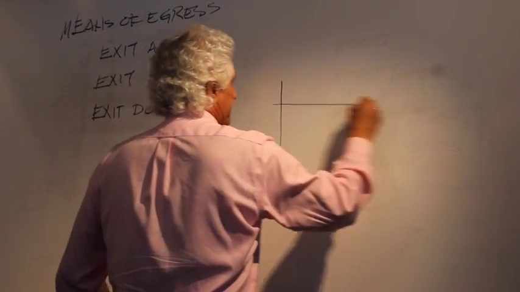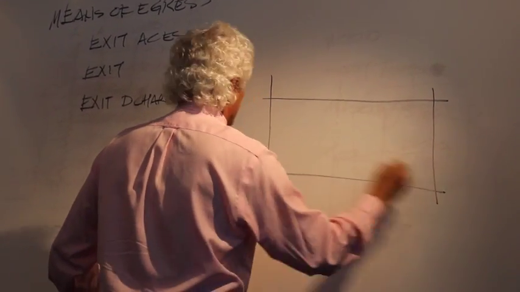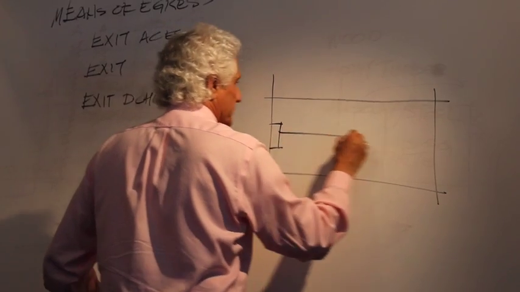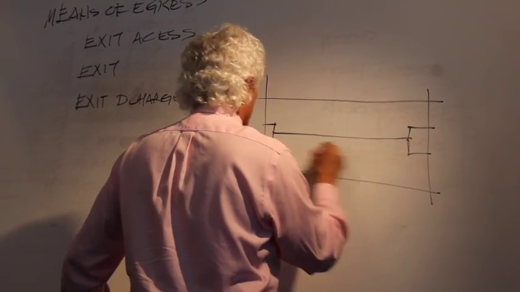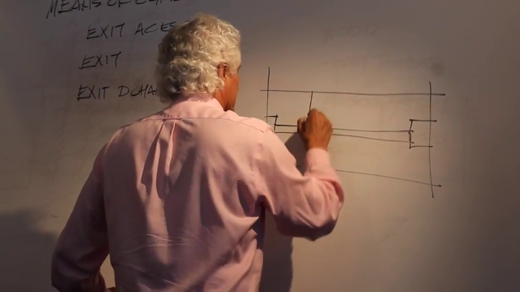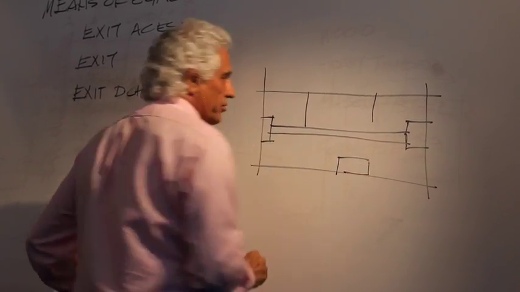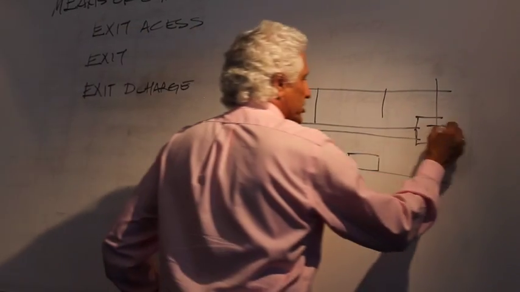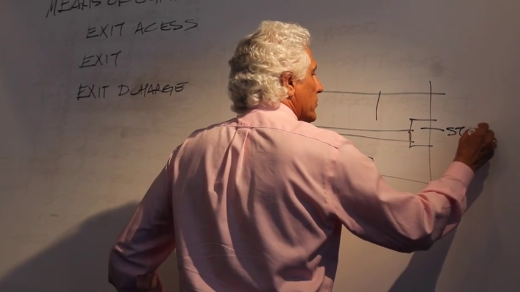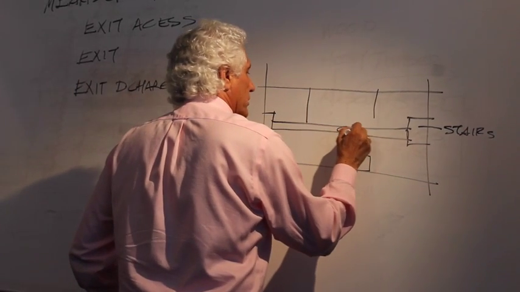I take a building. This is in plan. And I have a series of rooms and offices on this floor plan. This is my stairs. This is my corridor.